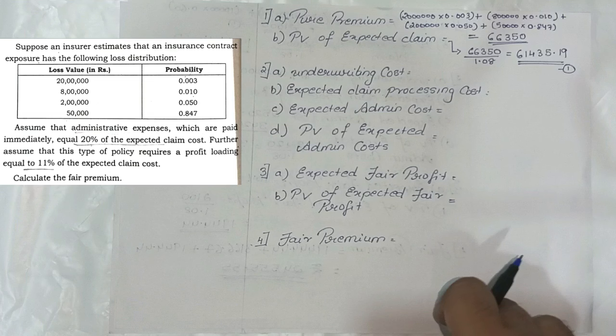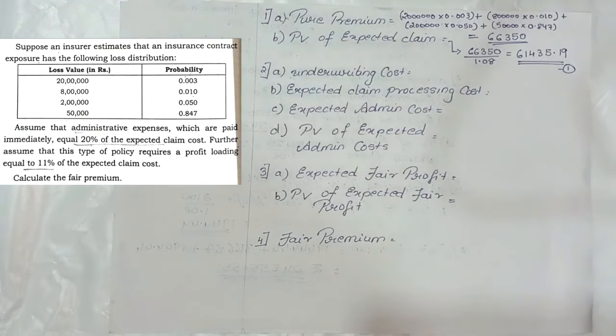Now underwriting cost. In the question they haven't provided you any underwriting cost, neither have they given you the admin cost directly, but they have given you an adjustment stating that the administrative expenses, which are paid immediately, equal 20% of the expected claim cost.